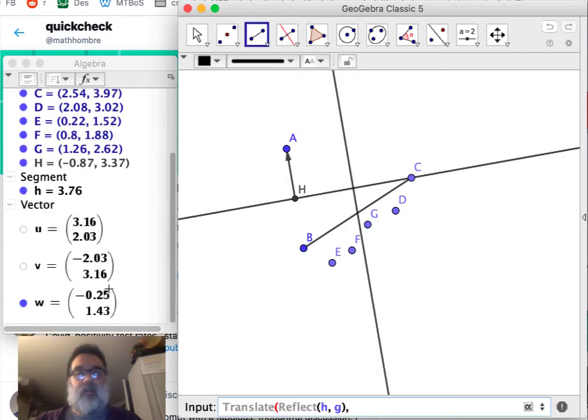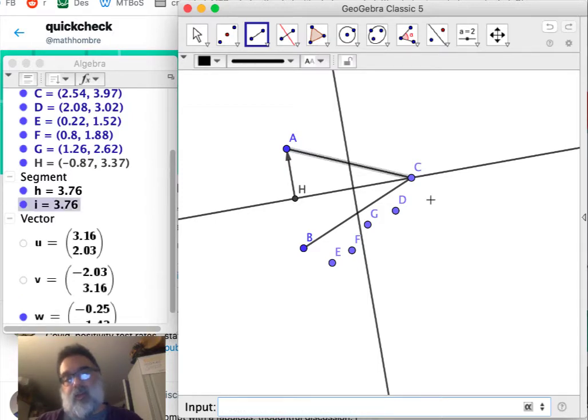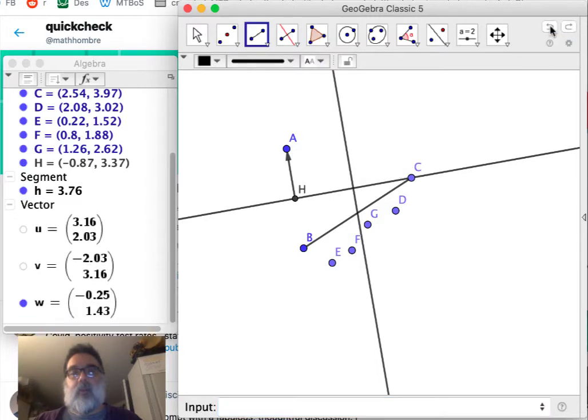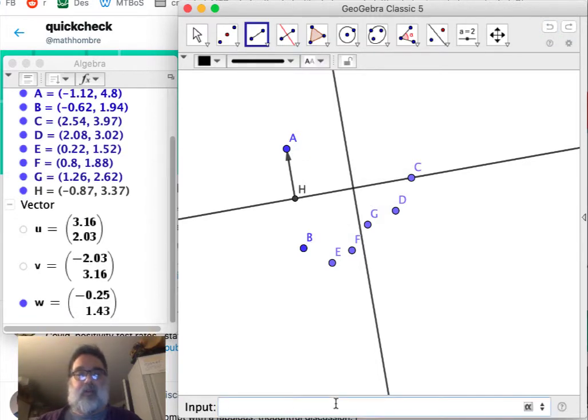And my new vector is W. And see, that fits in exactly that side that I wanted. We won't need those actual sides there. What I want to do that with is the points. So instead of H, we're going to do that to these points D, E, F, G.